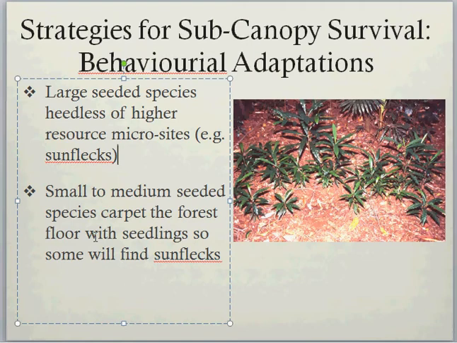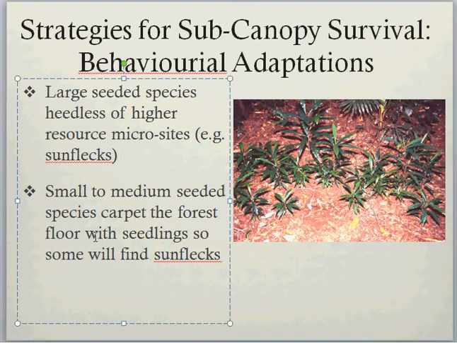So these small seedlings gamble on the fact that at least some of those plants will fall in areas where there are sunflecks and a high enough density of sunflecks so that they will get enough light to survive on that forest floor, to increase their photosynthetic area so that they can survive during the darker times of the year when the sunflecks aren't around.